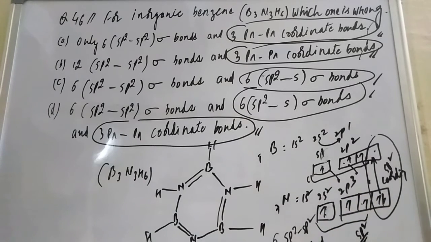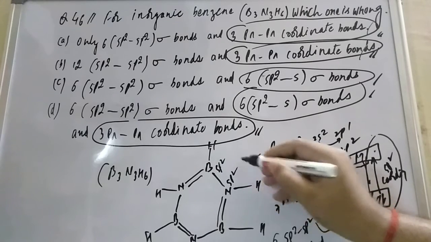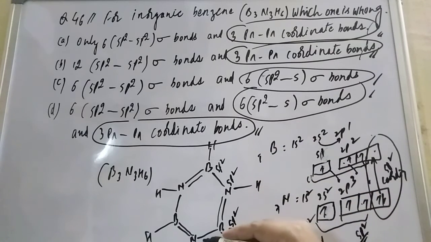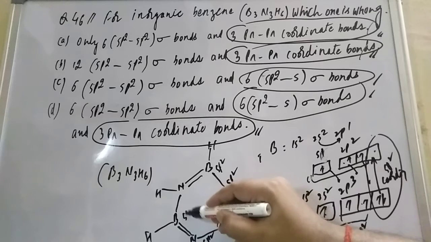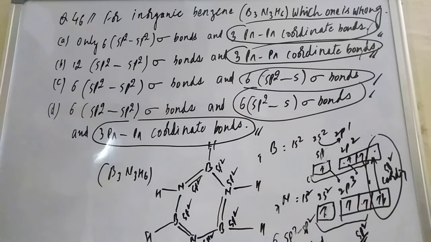And all atoms are going sp2. Here is sp2, and this is also sp2. All the boron and nitrogen are going sp2. So if they are going sp2, how many are possible? 6 are possible. Now let us check the others.